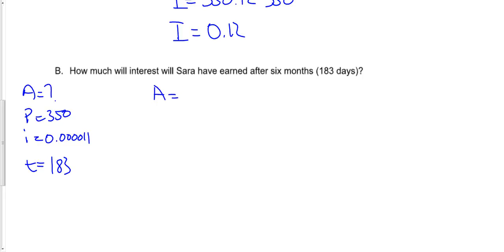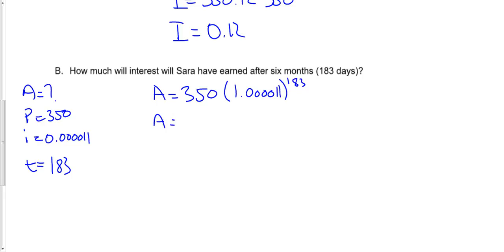Let's plug that into our equation. A is going to equal P, which is 350, times 1 plus I. So that's going to give us 1.000011 to the exponent 183.